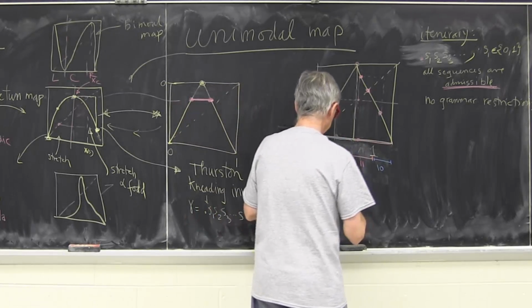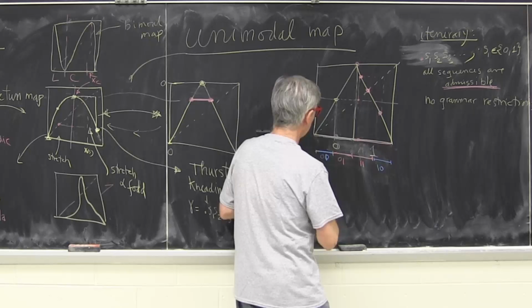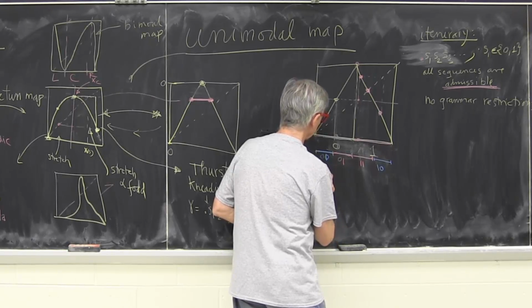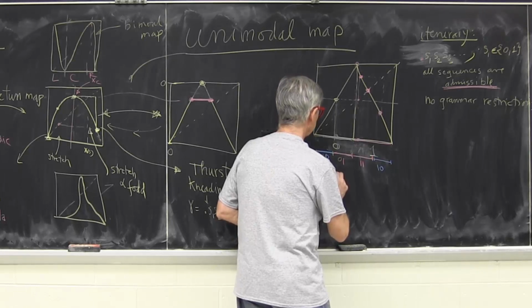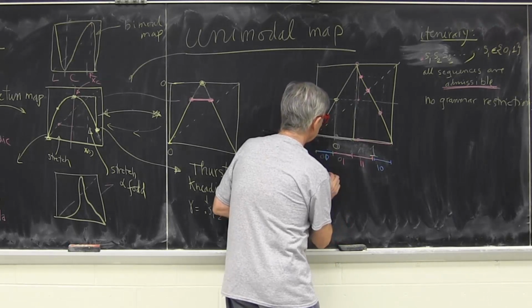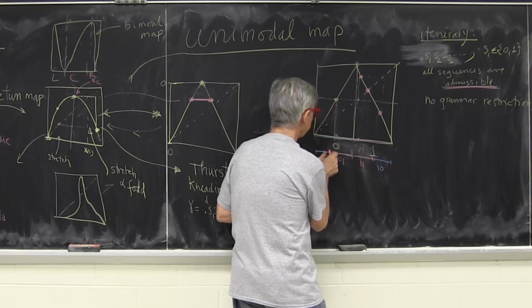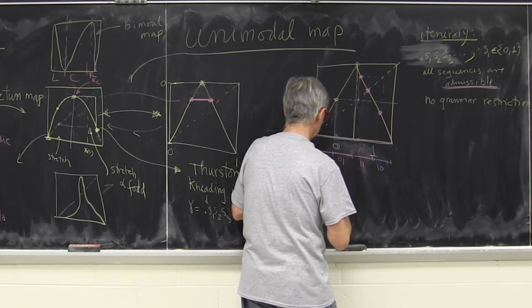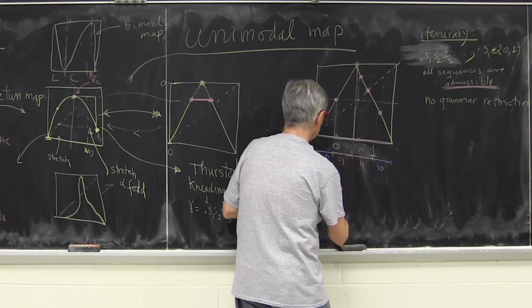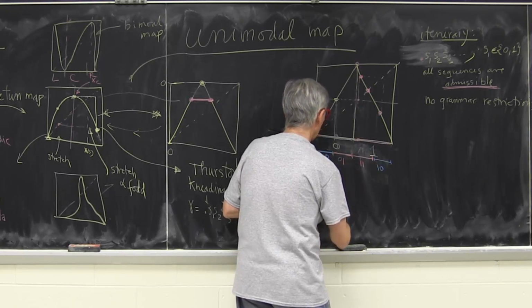So now we repeat this sequence, and we say, aha, there is a little neighborhood where for 3 steps I'm here. But on this part, for 2 steps I'm here, and then I end up on the right side. So this guy is called 0, 0, 1.